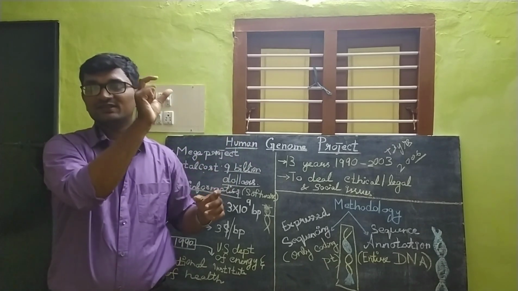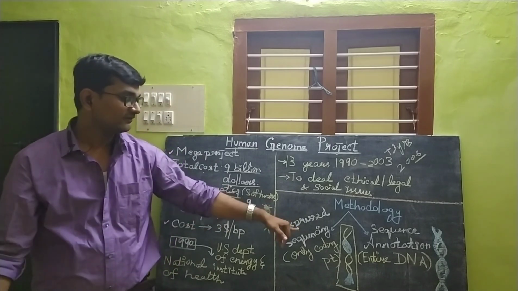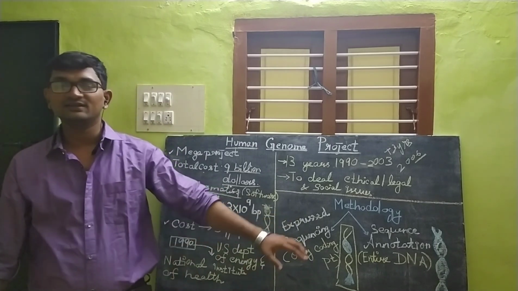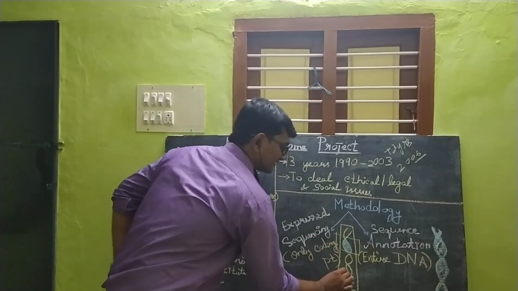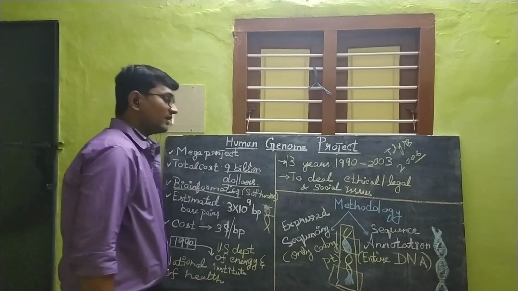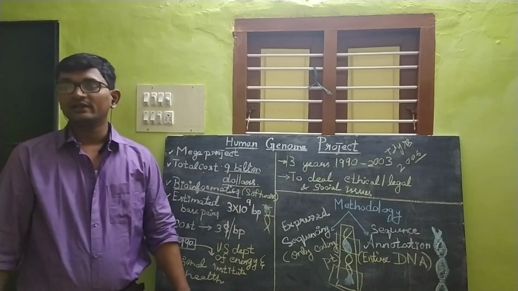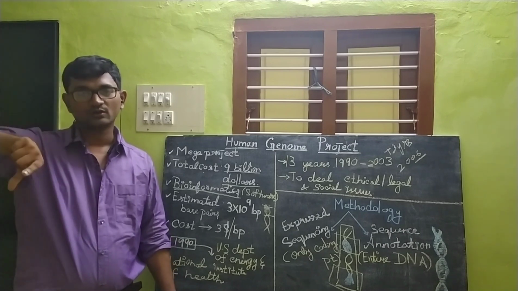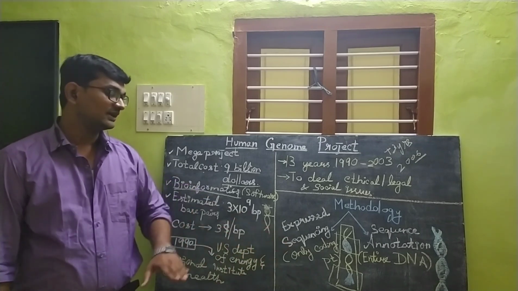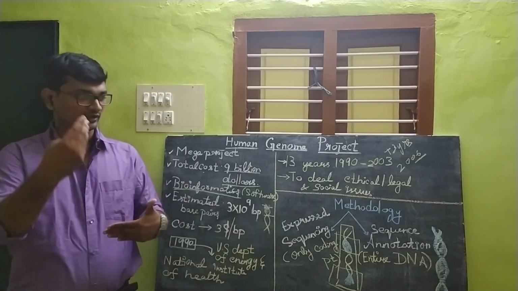You are not specifically taking single points. Whereas in the expressed sequencing method, you take only the coding section, which is capable of going through transcription or translation. That coding point alone you take in order to express them.